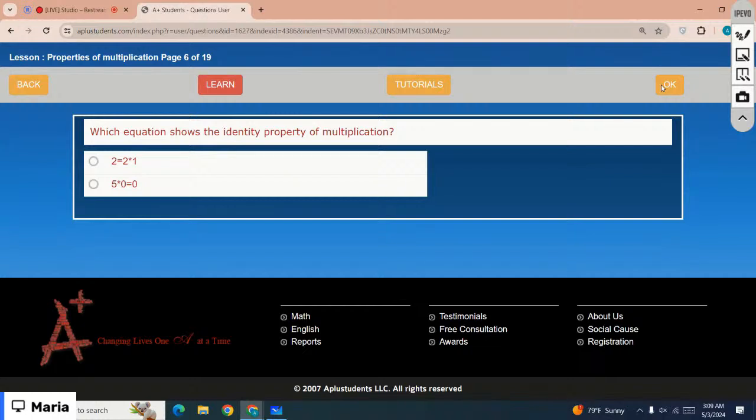Option number 1 is the correct option, right? Multiplying by 1 is the identity property and multiplying by 0 is the zero property, right?